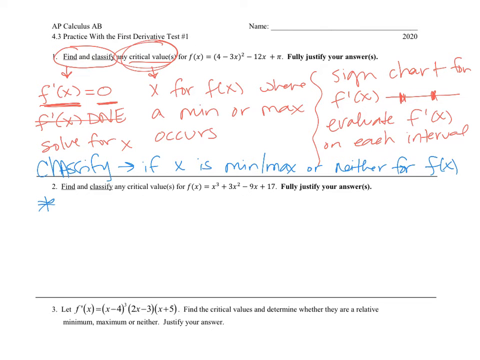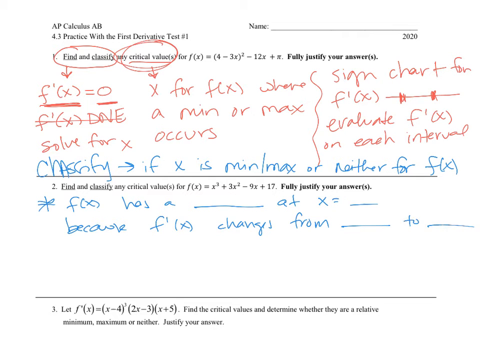You say f of x has a blank, min or max, at x equals blank, wherever the x value is, because f prime of x changes from blank to blank, okay? That's the what does it have, where, that's the x equals, and the why. And all of this goes to justifying your answer.